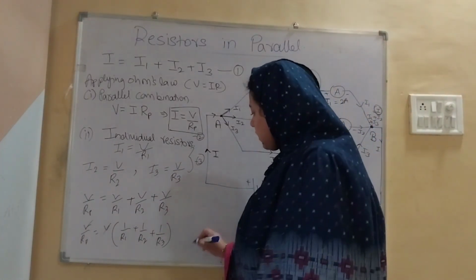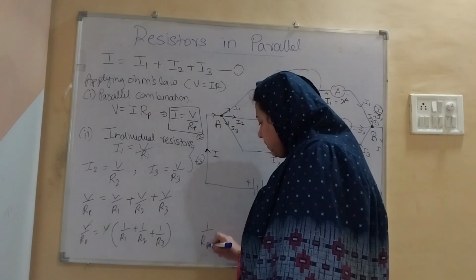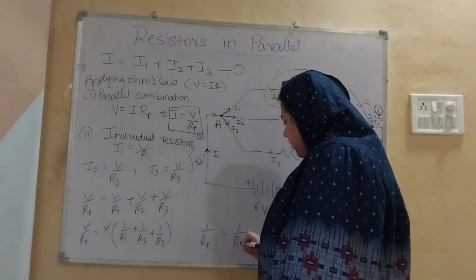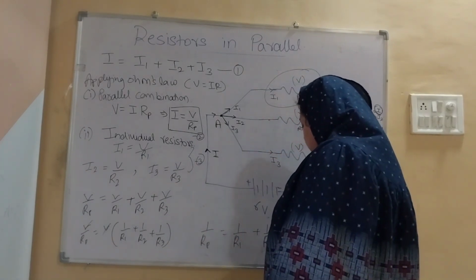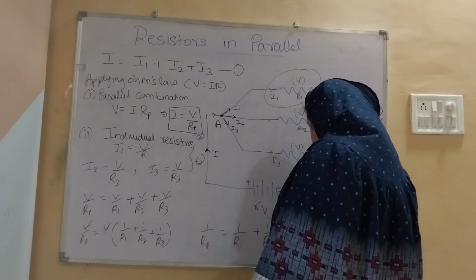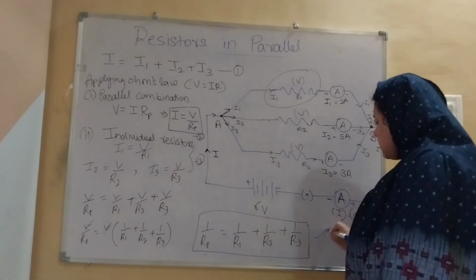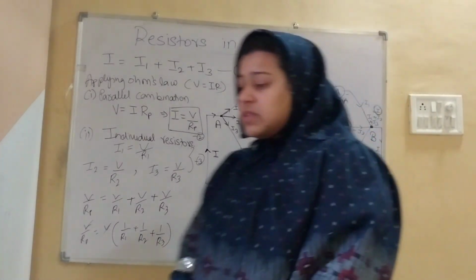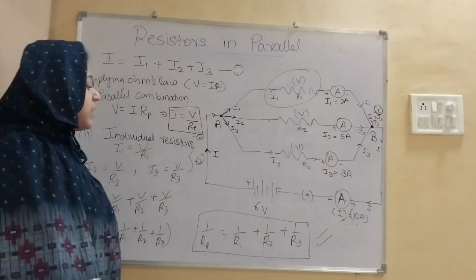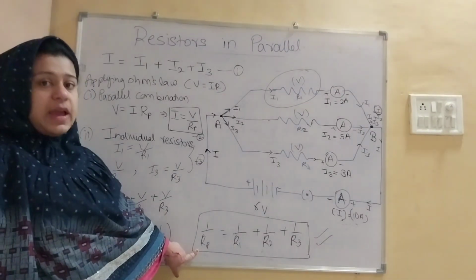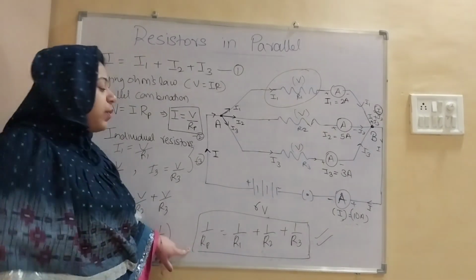So 1 upon Rp is equal to 1 upon R1 plus 1 upon R2 plus 1 upon R3. Okay. So this is the equivalent resistance for the combination of resistors in parallel type.